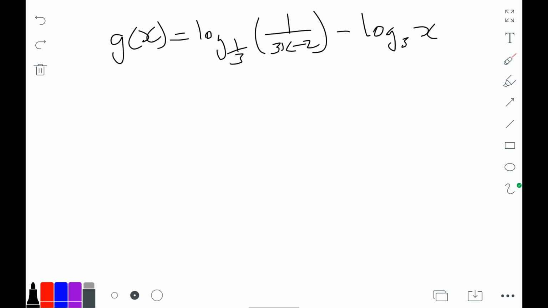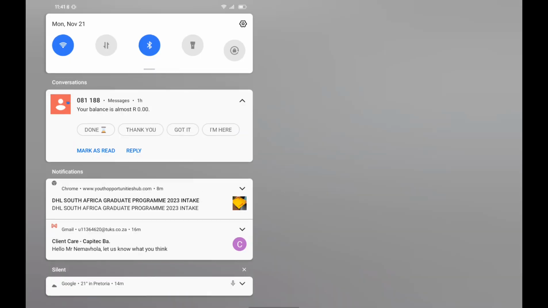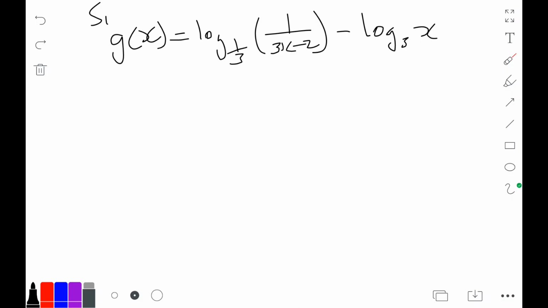So to simplify this, we are going to separate them. I'm just going to write equals, this is the same. I already did this, I'm just repeating so that you can see.